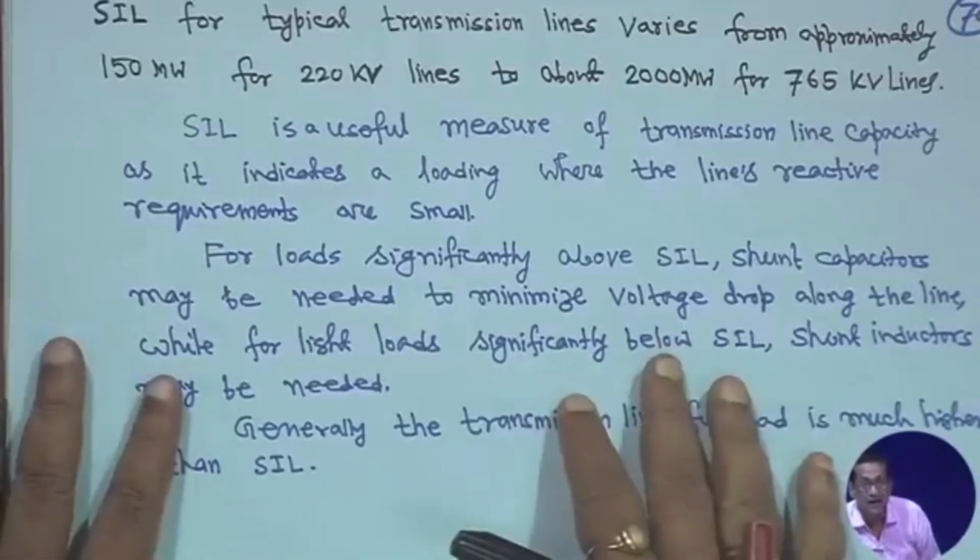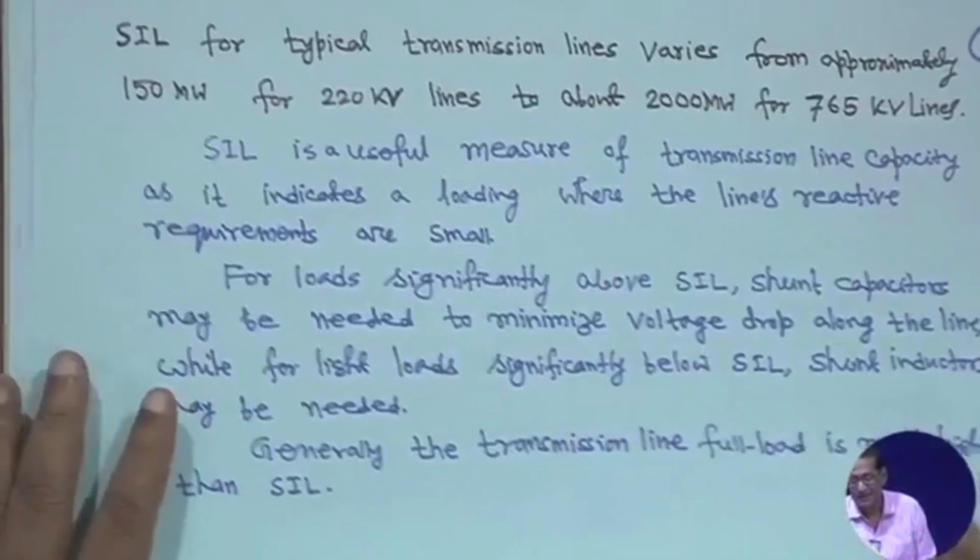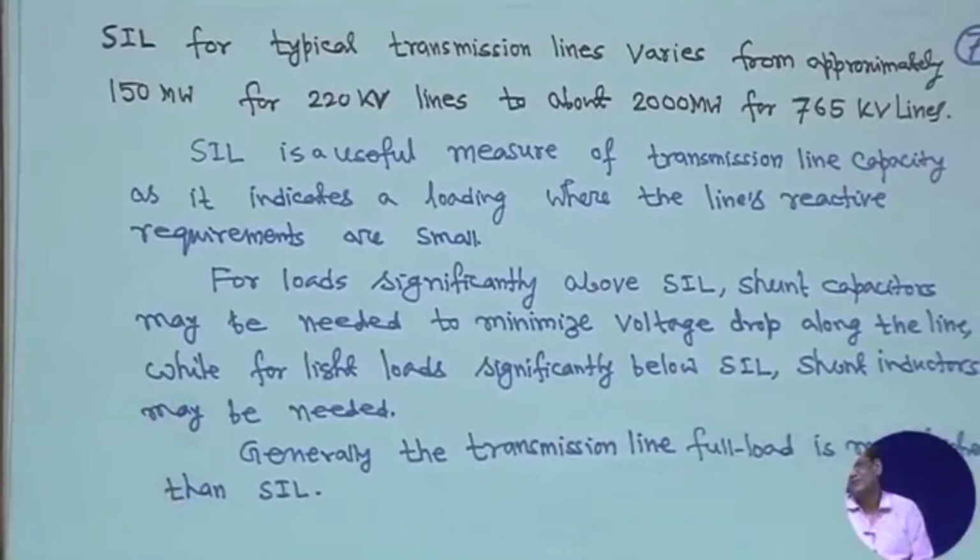Whatever we have studied for this long transmission line: the surge impedance loading, then velocity of propagation, then wavelength lambda, and the physical significance of the surge impedance loading and the terminal conditions.